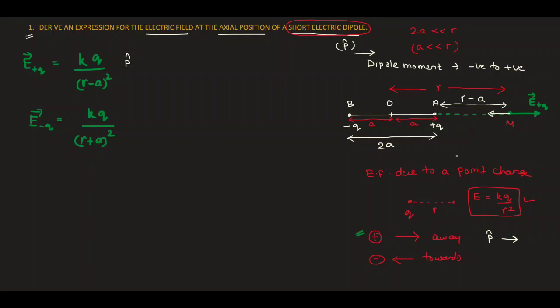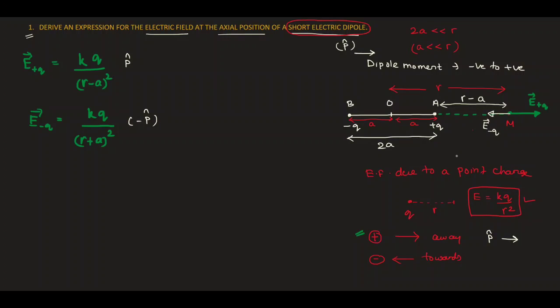For a negative charge, the electric field is directed towards the negative charge. So this is the direction of the E minus Q vector. It is opposite to P cap, because P cap is towards the right, but E minus Q is towards the left. So I'll write minus P cap vector here. In this way, you can write the magnitude and the direction of the electric field.